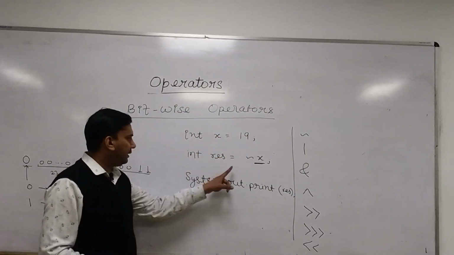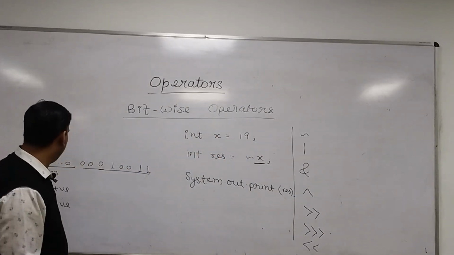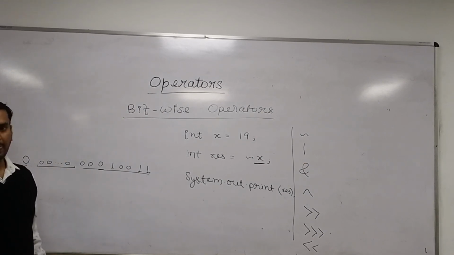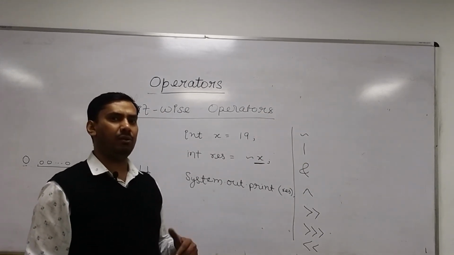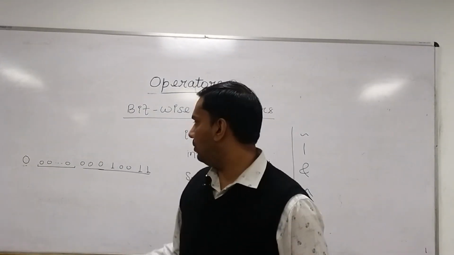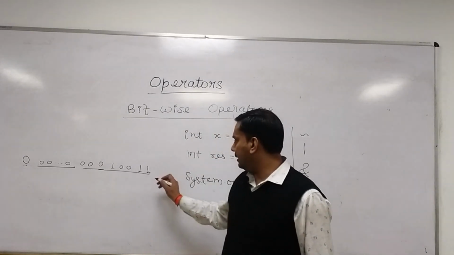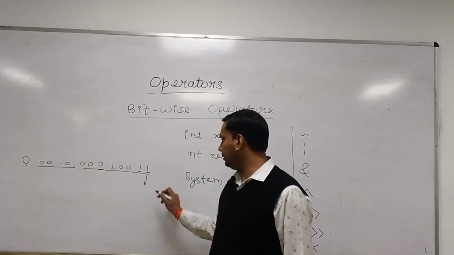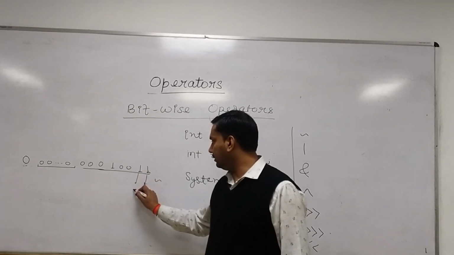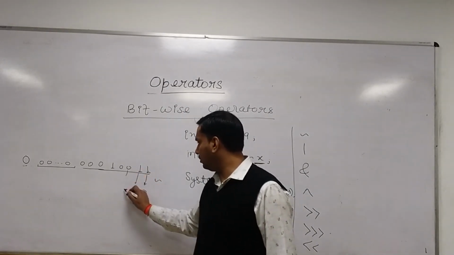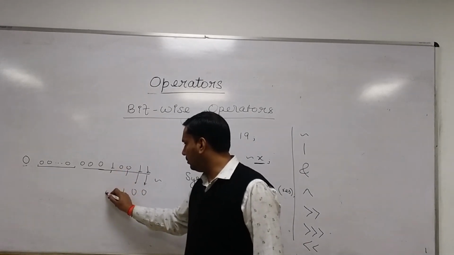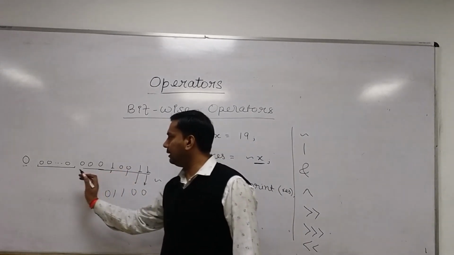Now the operator is the NOT operator. The NOT operator is saying, okay, invert the bits. It simply says make 1 to 0 and 0 to 1. So I am going to do the same thing and invert the bits. So 1 becomes 0, 1 becomes 0, then 0 becomes 1, 0 becomes 1, then again 1 becomes 0, and the rest other zeros become ones.